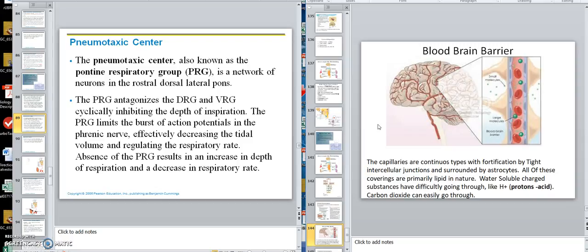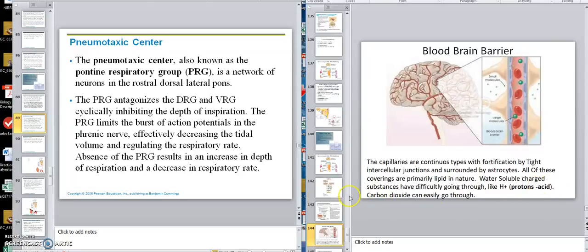Then, surrounding capillaries in the brain is something called the blood-brain barrier. What is it? The capillaries are continuous type with fortification by tight intercellular junctions and surrounded by astrocytes. All of these coverings are primarily lipid in nature. Water-soluble substances have difficulty going through, like H+ protons.